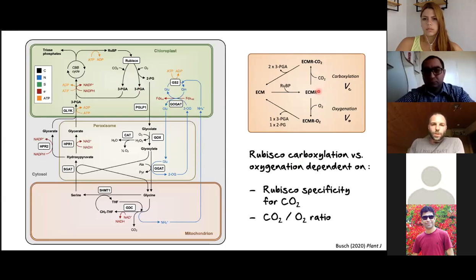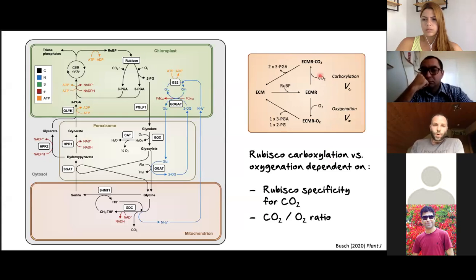But really, what determines the rate to carboxylate this active enzyme versus oxygenate this active enzyme depends very much on the Rubisco enzymatic properties, in particular Rubisco specificity for CO2. So how well can it distinguish CO2 from oxygen? And the second important parameter is the CO2 concentration relative to the oxygen concentration.